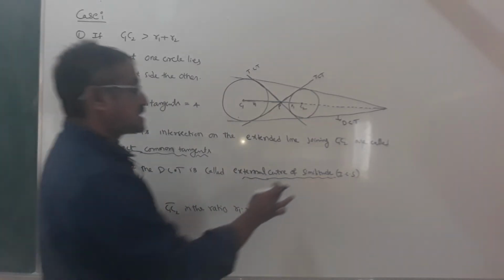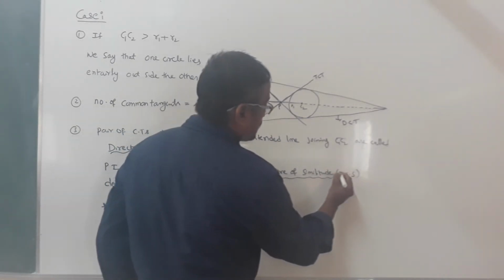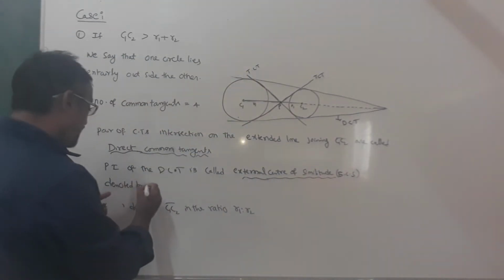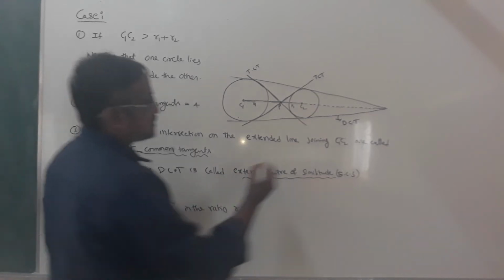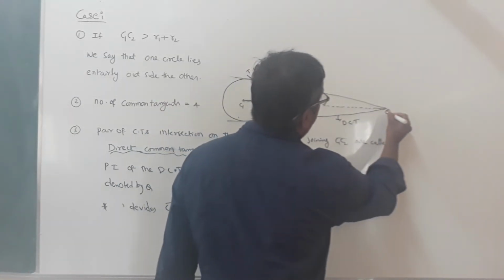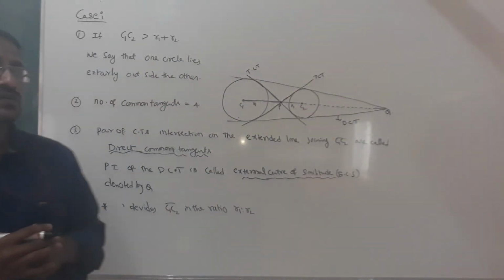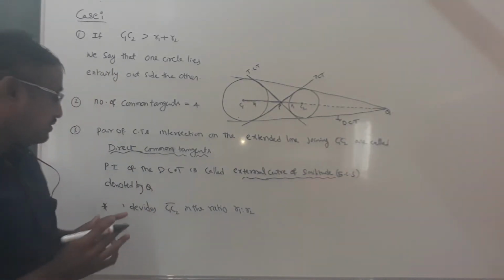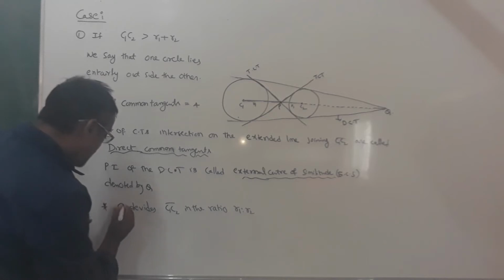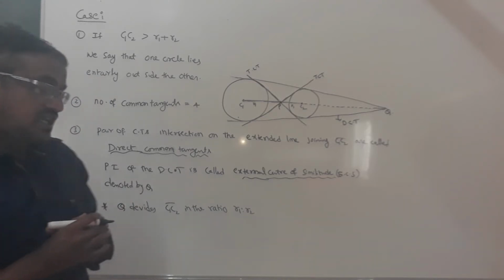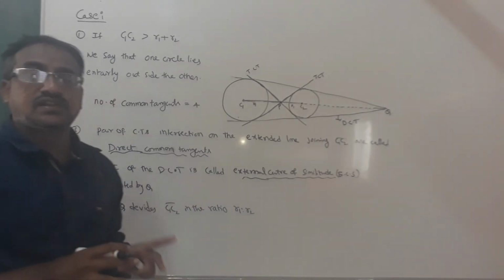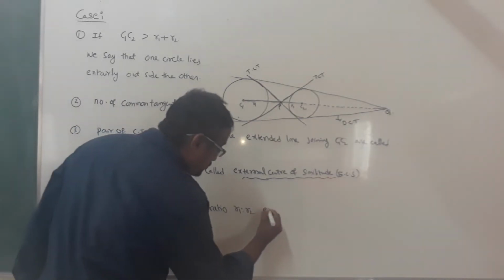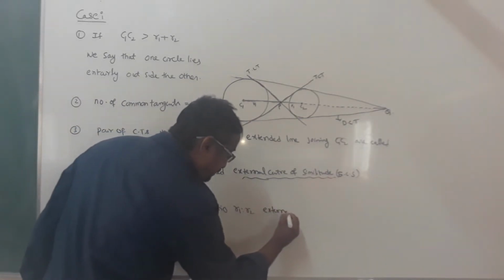Now, the external center of similitude is denoted by the letter Q. This point of intersection is denoted by the letter Q. Remember that Q divides the line segment joining C1, C2 in the ratio R1 is to R2 externally.